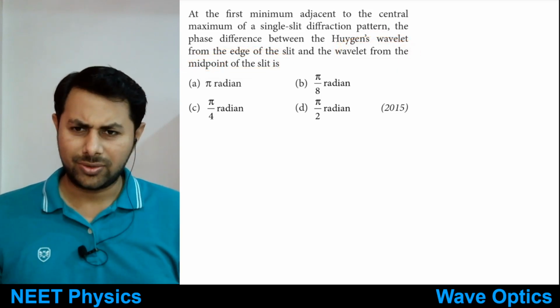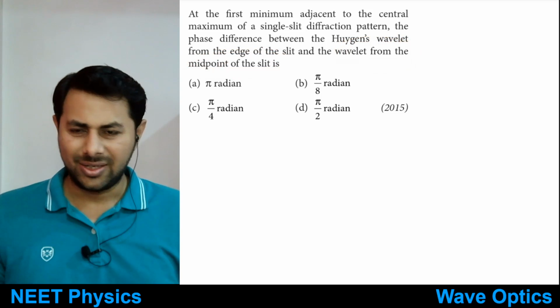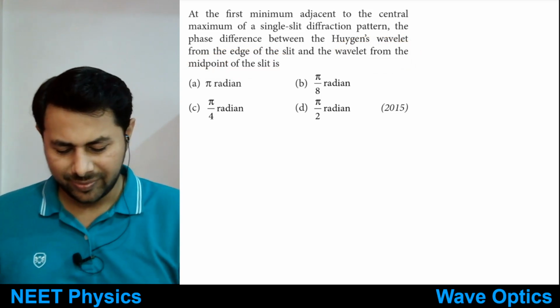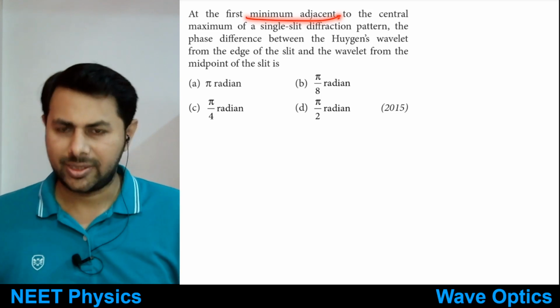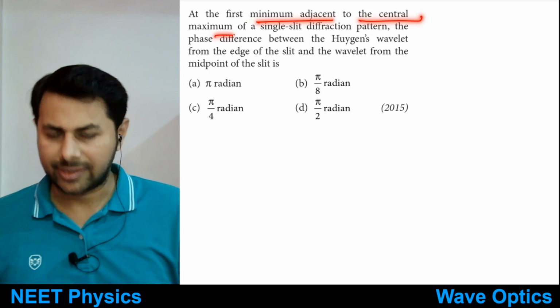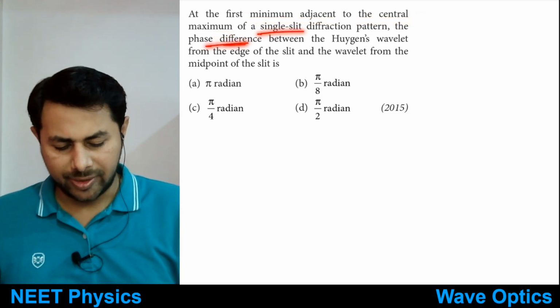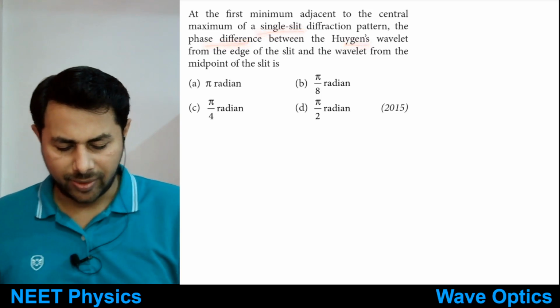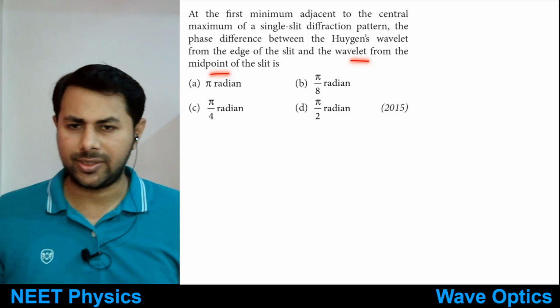Okay, so now this is a deeper question, right? For this kind of question we need to understand what's happening there. So for the first minimum adjacent to the central maximum, the phase difference between the Huygens wavelet from the edge of the slit and the wavelet from the midpoint of the slit is. Tell me.